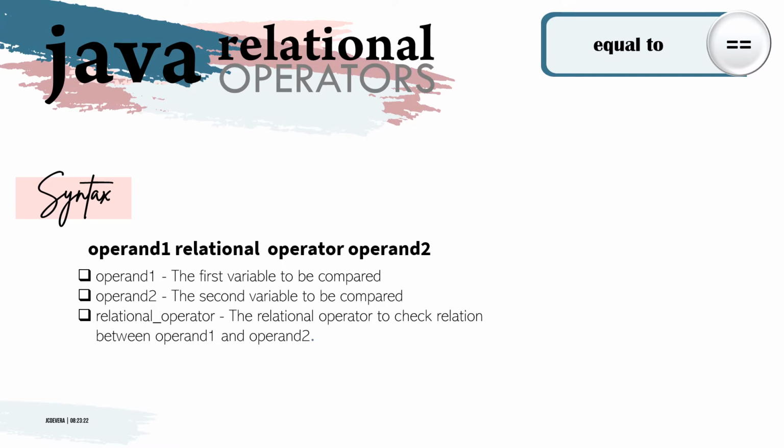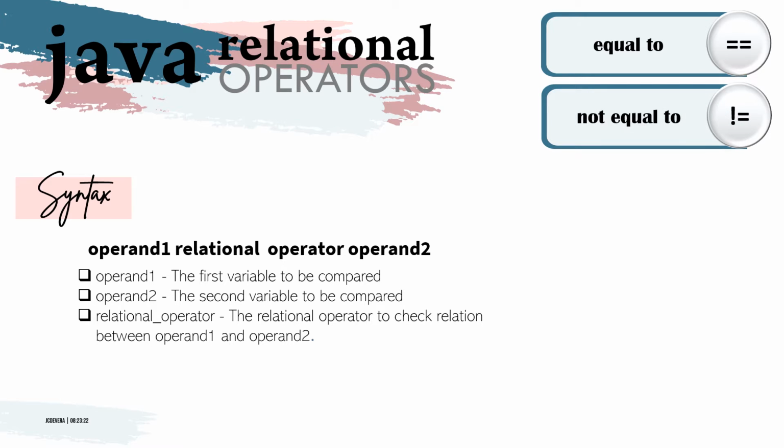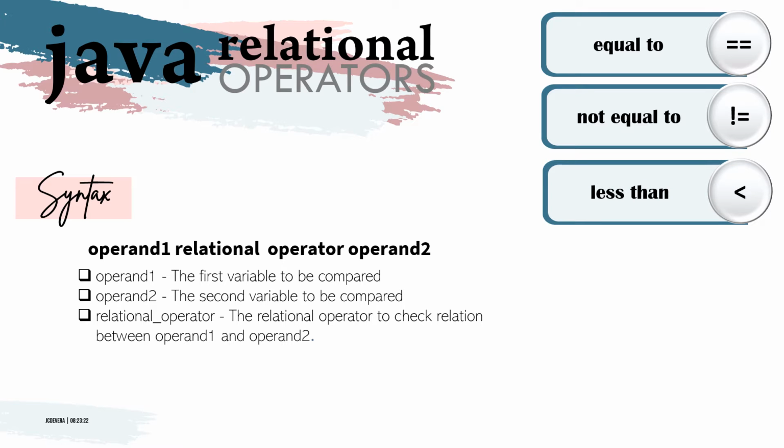There are 6 types of relational operators in Java. The equal to checks if two operands are equal. Not equal to checks if two operands are not equal. Less than checks if one operand is less than the other.